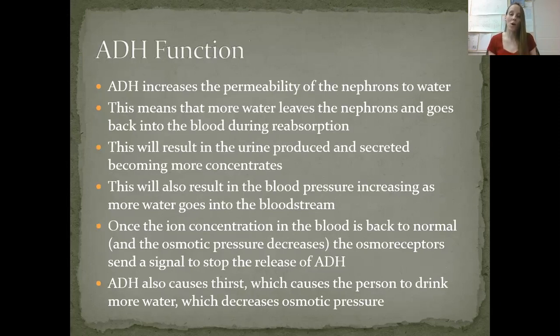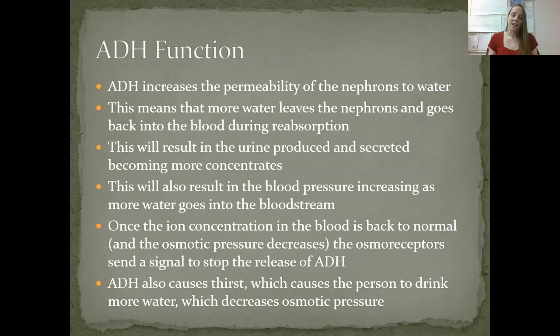So more water is going to leave the nephrons and be reabsorbed back into the blood, which means that you're going to pee less because you're absorbing water out of the kidneys. And the pee that you do have is going to be more concentrated. It's also going to result in your blood pressure going up, because as you have more water going into your blood, it's taking up more space and pushing out on your blood vessels more, so more blood pressure.